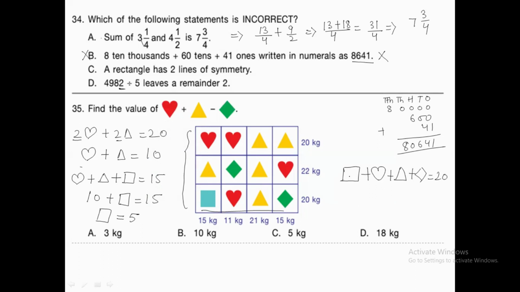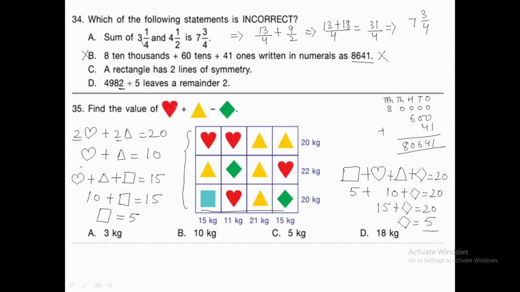We know the value of square is 5, the value of heart and triangle together is 10, and the value of diamond we don't know, so we need to find it as well. The sum of these is 15. If we subtract 15 from 20, we get the value of diamond, which is 5. 20 minus 15 is 5.